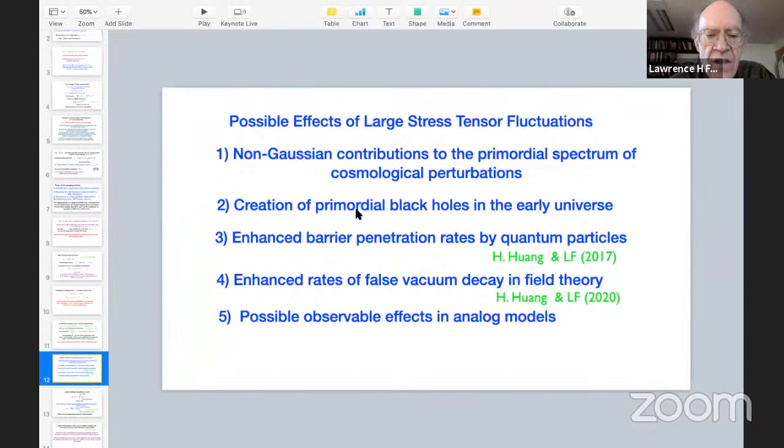And the stress tensor fluctuations, this is another place where you might look for their effect, in primordial black holes. In the case of stress tensor fluctuations, they're probably less likely to create very massive black holes, like the things that have been seen in LIGO, than to create very small black holes that might have Hawking evaporated.